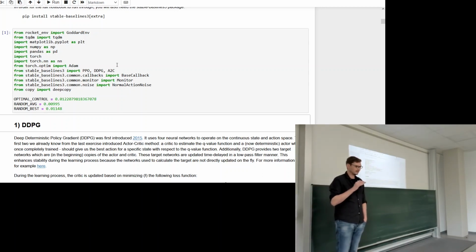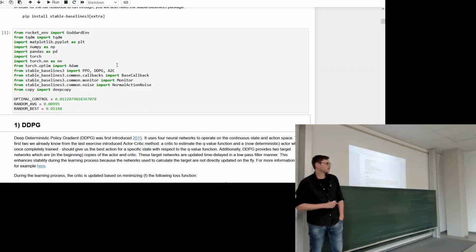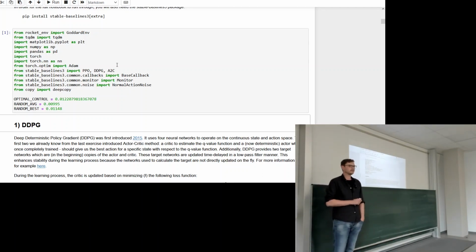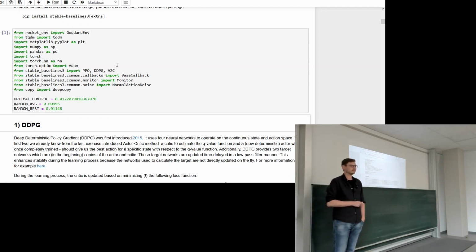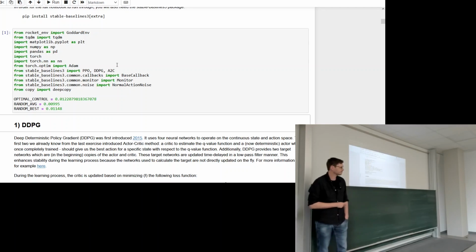So DDPG is closely related to actor-critic algorithms, which you've already seen. So maybe can someone tell me what are the components of an actor-critic algorithm? Basically, we have the critic, which estimates the state action values, and we have the actor, which optimizes the policy based on the estimations by the critic.